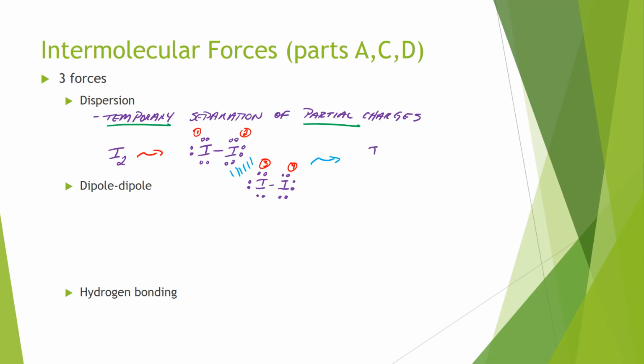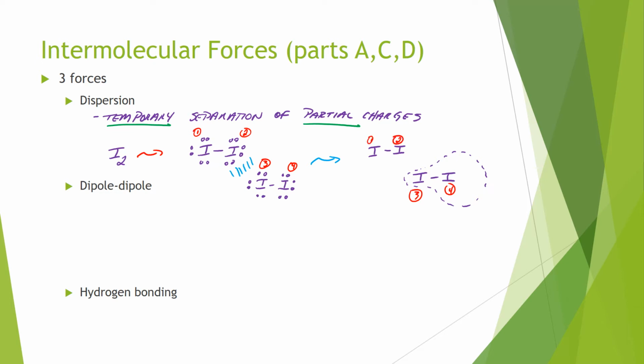After that repulsion, there are my two iodine molecules. Let's say that the electrons on 3 get repelled, pushed away. I'm going to represent my electrons as a cloud now. On iodine number 3, the electrons get pushed away from iodine number 2.